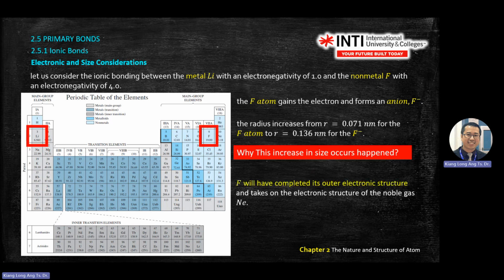So ferrum will become helium, complete its outer electron structure and take the form of... it's not Ne. No, yeah, correct. Not helium, but ferrum becomes Ne. Right, becomes Ne.